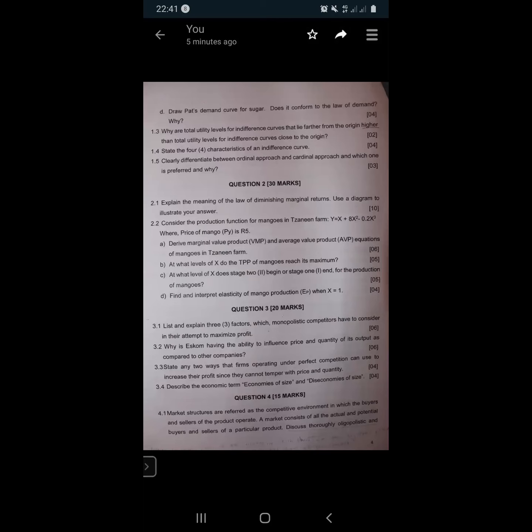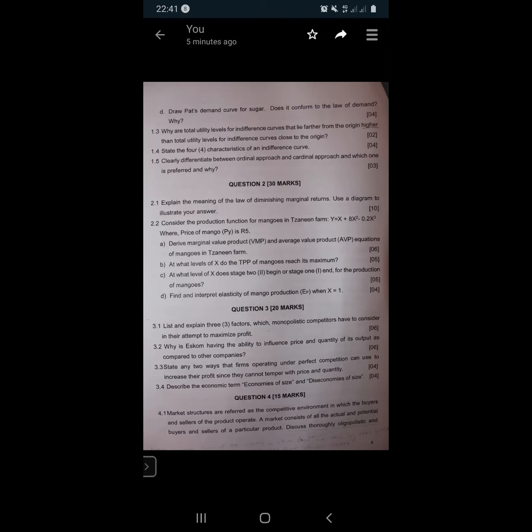But in this case, they have specified that they are talking about the law of diminishing marginal returns. It's also there in the notes. Please make sure that you check the law of diminishing marginal return. The graph is also there, which supports the law, meaning that the returns decline as more outputs are produced or yielded.